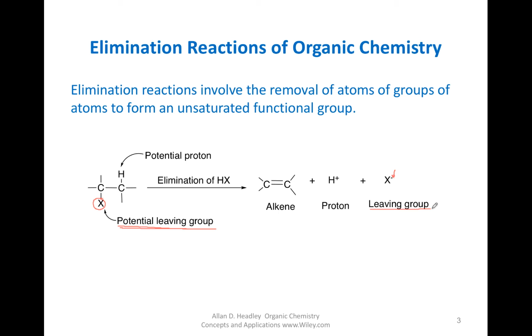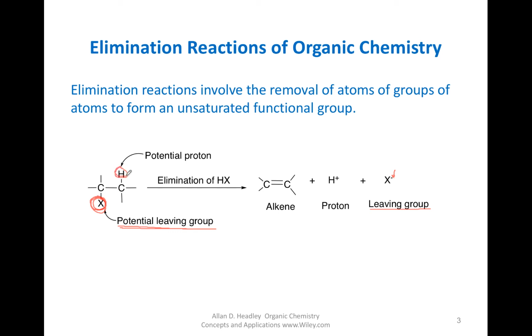It's a weak base, such as Cl minus, Br minus. In other words, its conjugate acid is pretty strong. So we can tell that we have a good leaving group. We need a good leaving group for elimination. As the name implies, elimination, to get it off, it has to have the potential to leave. And those that have the best potential of leaving are leaving groups that are weak bases.